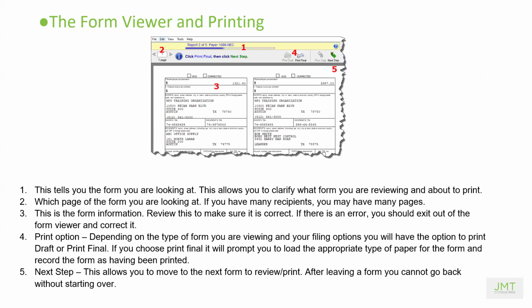Once you have the forms, when you click on next, whatever you've made the selection, if you select to print any of the forms yourself, it will take you through the form viewer wizard where it'll look like this. And at the top, it'll tell you which form you are looking at. In this example, we're looking at the payer form, right?